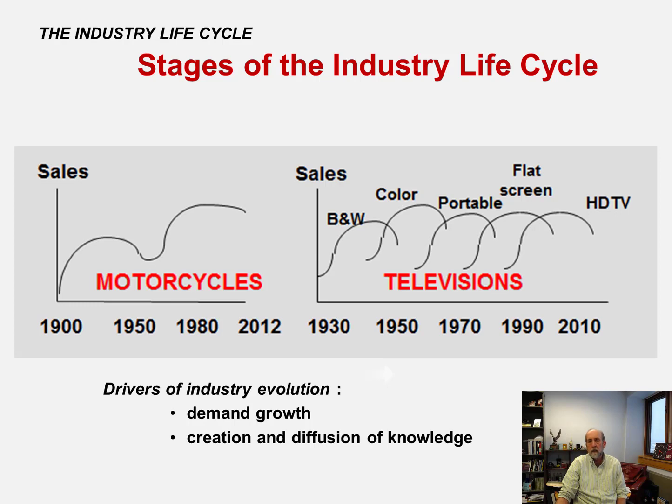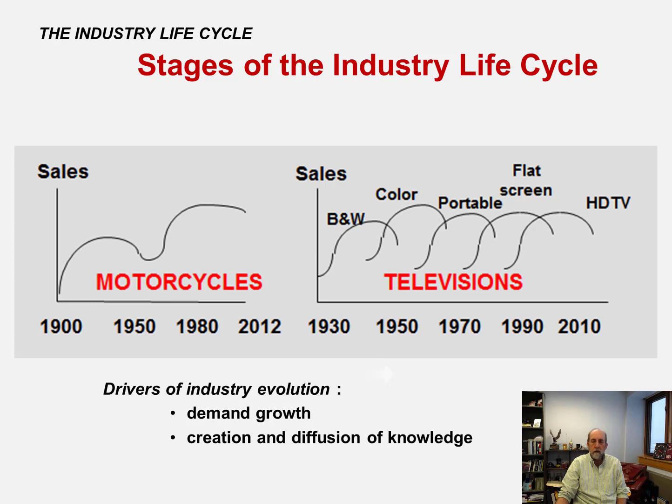You see televisions where new changes in technology led to recycling, new little life cycles, from black and white to color to flat screen to HD to whatever is next. So, could someone have predicted that if we were in the black and white television era and into maturity? Maybe people would have said, oh, it's a mature market, then you have to compete only on cost and no new products. If everyone had done that, maybe we never would have had color TV.